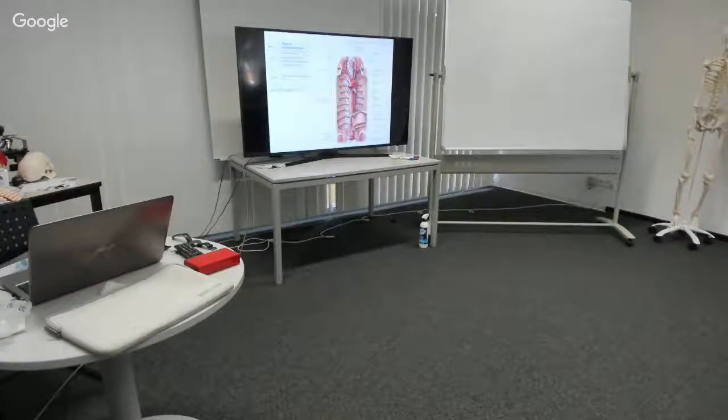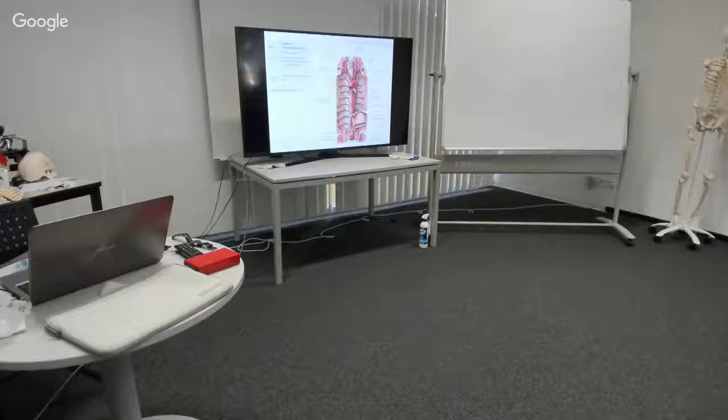Most of this you should already know. What are the arteries that are supplying blood to the esophagus? We divide the esophagus into three parts: the cervical, the thoracic, and the abdominal. In the cervical part, you have a close relationship with the trachea and also with the thyroid gland.